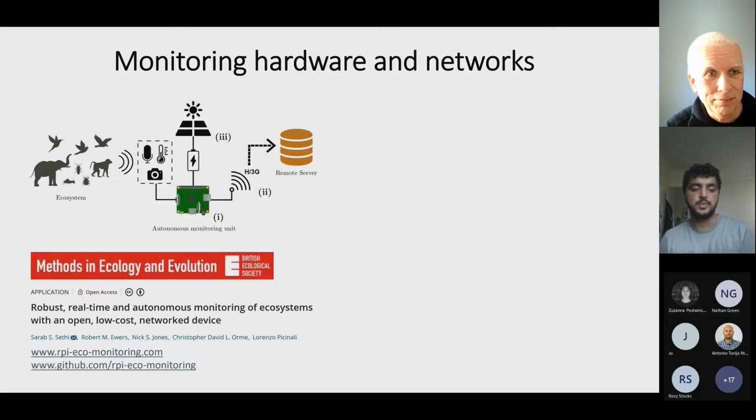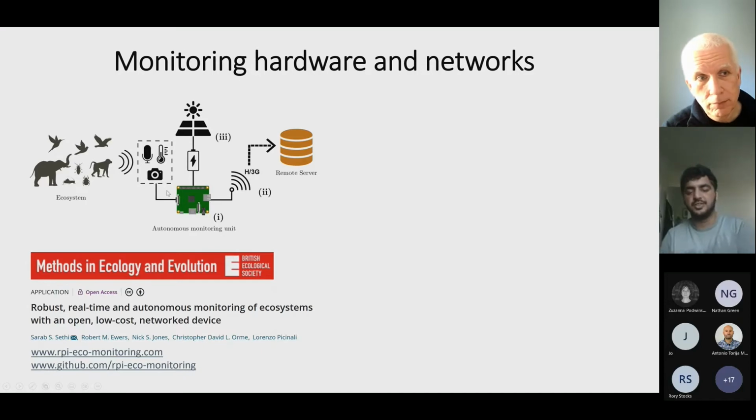So in 2018, we developed this Raspberry Pi based recorder. In contrast to, say, the AudioMoth, where you go back and pick up SD cards and replace batteries, we have here a Raspberry Pi connected to a solar panel and a rechargeable battery, with a 3G mobile internet connection via a dongle. We used audio with a microphone, but we also showed how the same device could be used with a camera.